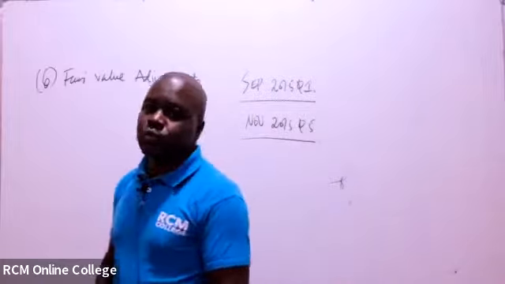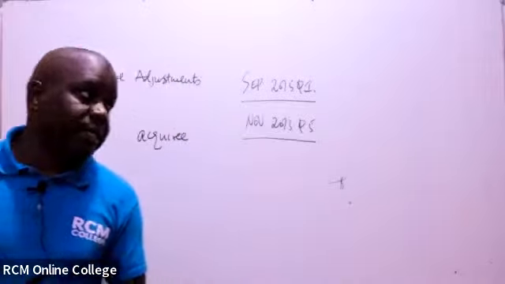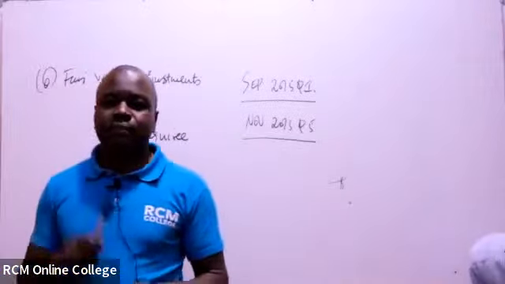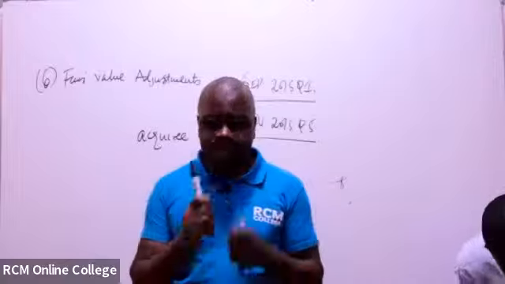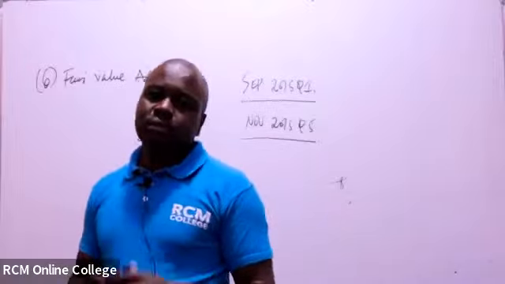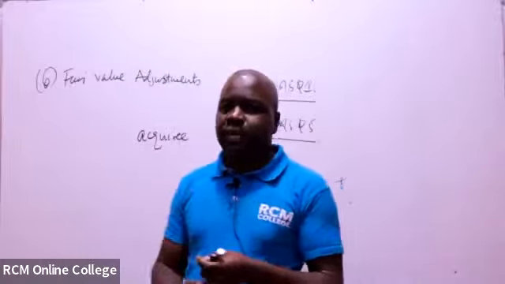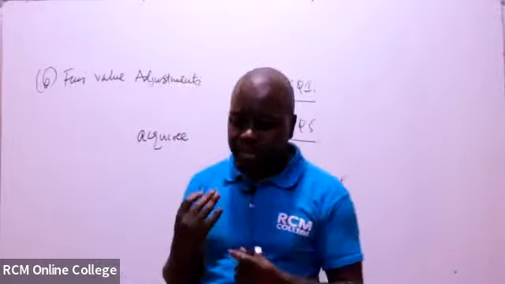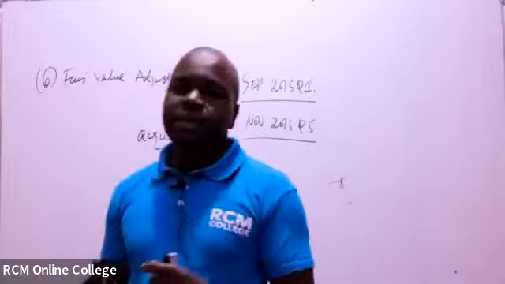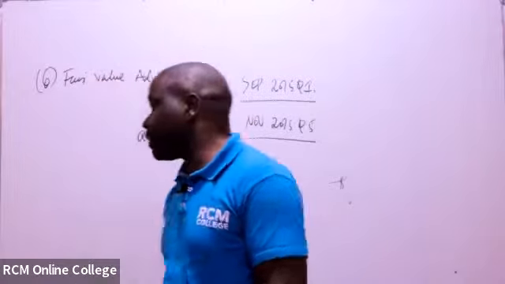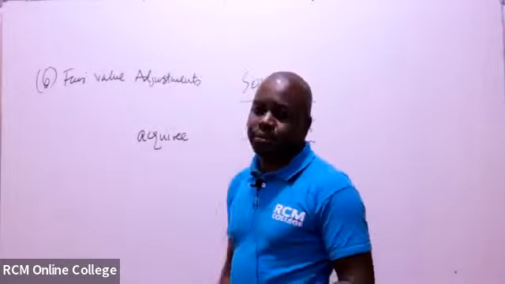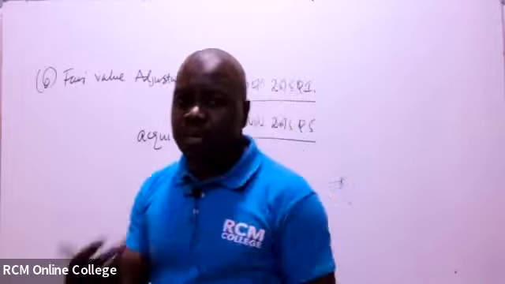Those who were able to join, there's a particular class I did on common size statement, vertical. You see how vertical is very simple. Those ones are very light. So the last two, public sector and financial statement analysis, are very light, but this one is a bit heavy. Once we are through with this one, we will go through the other ones very fast.